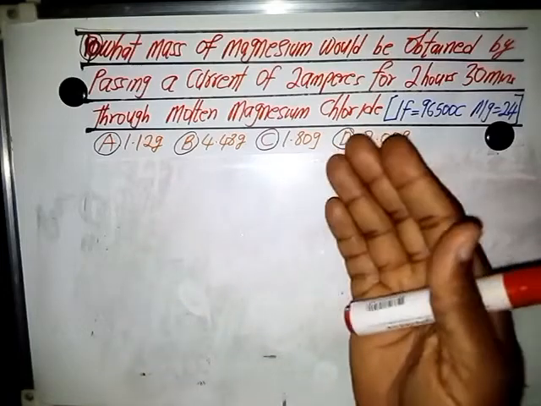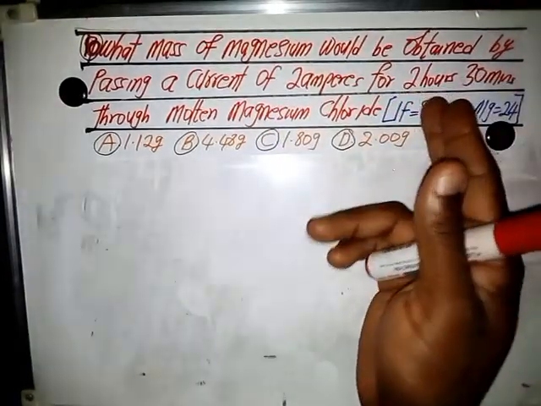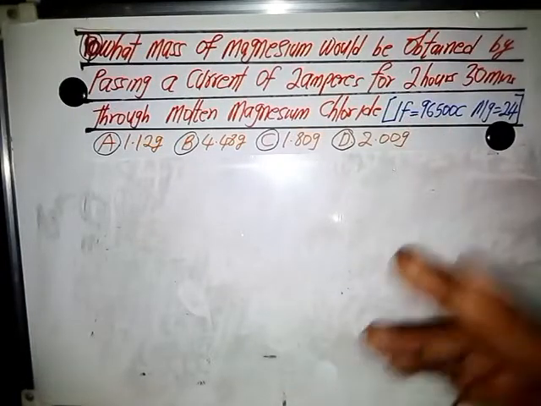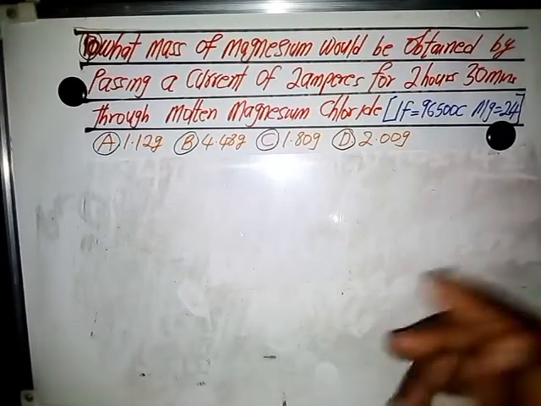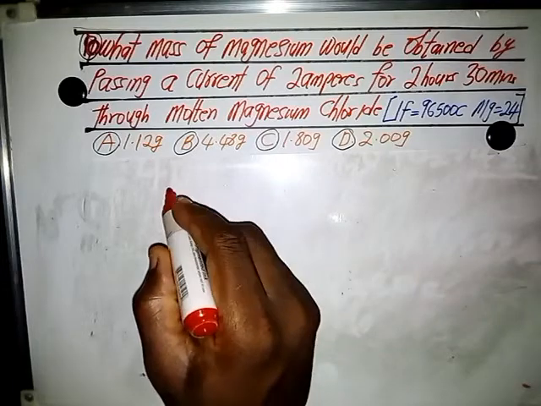What mass of magnesium would be obtained by passing a current of 2 ampere for 2 hours 30 minutes through molten magnesium chloride? Remember, the magnesium state is +2, so you are working with 2. Don't forget. We are calculating the mass, so we're going to use this formula.